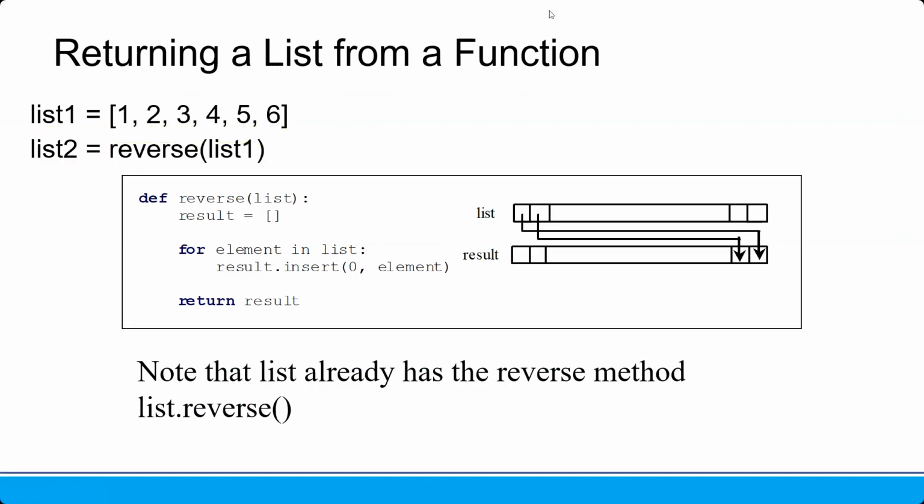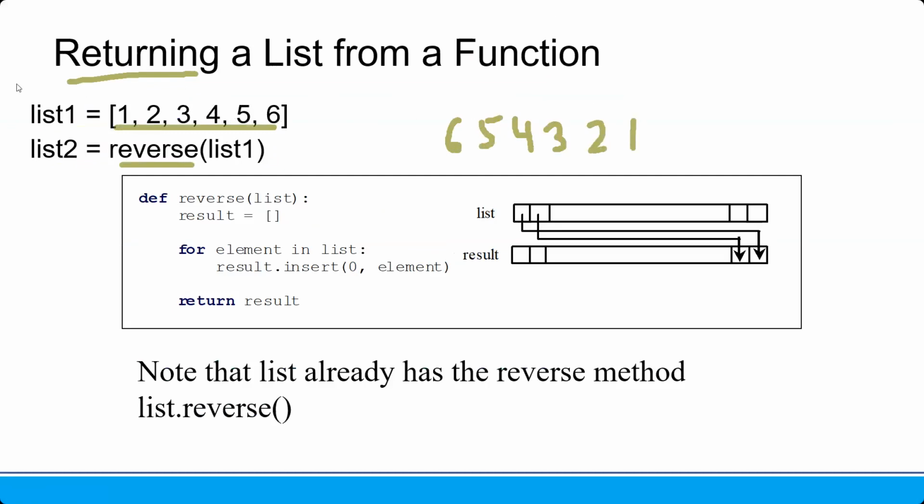So return, okay, we know in the function, if we return something, it means it is a result. So let's say this one is 1, 2, 3, 4, 5, 6. And then when I do the reverse, I would like to change the sequence into 6, 5, 4, 3, 2, 1.